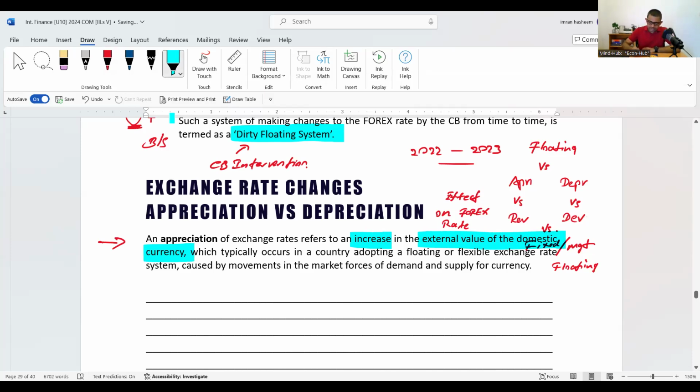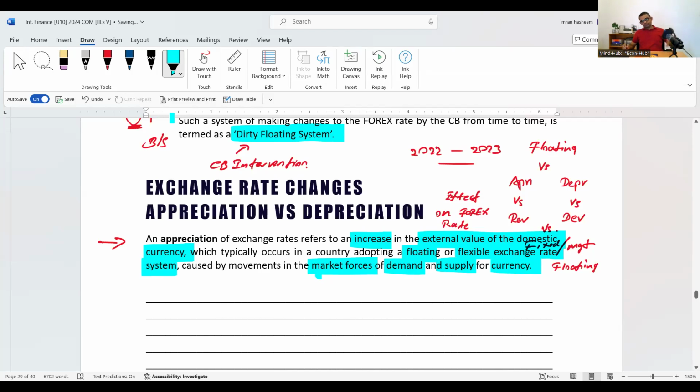Fundamentally, an increase in the external value of the domestic currency, which typically occurs in a country adopting a floating or a flexible exchange rate system, because this is a result of market movements caused by market forces, demand and supply for currency. Are we clear? Those are the highlights you have to get out of this discussion.